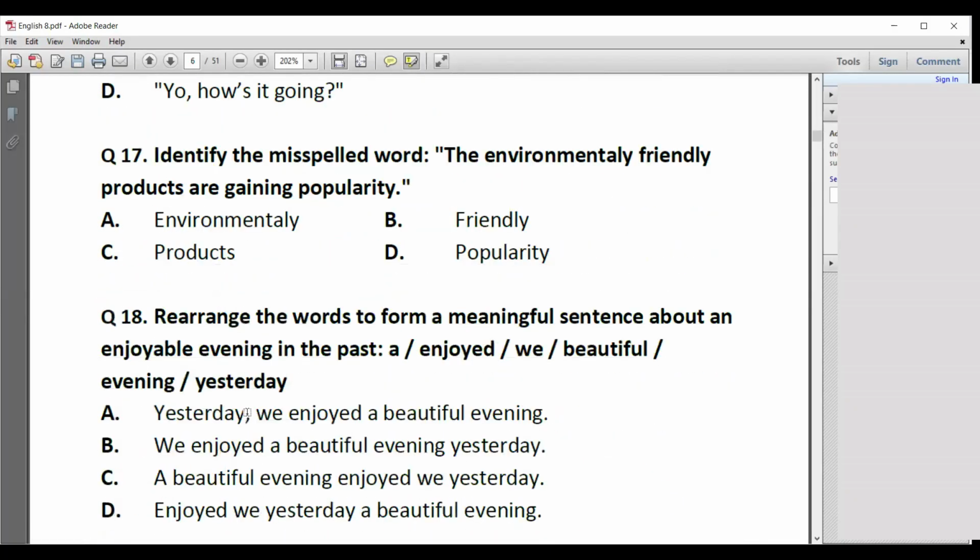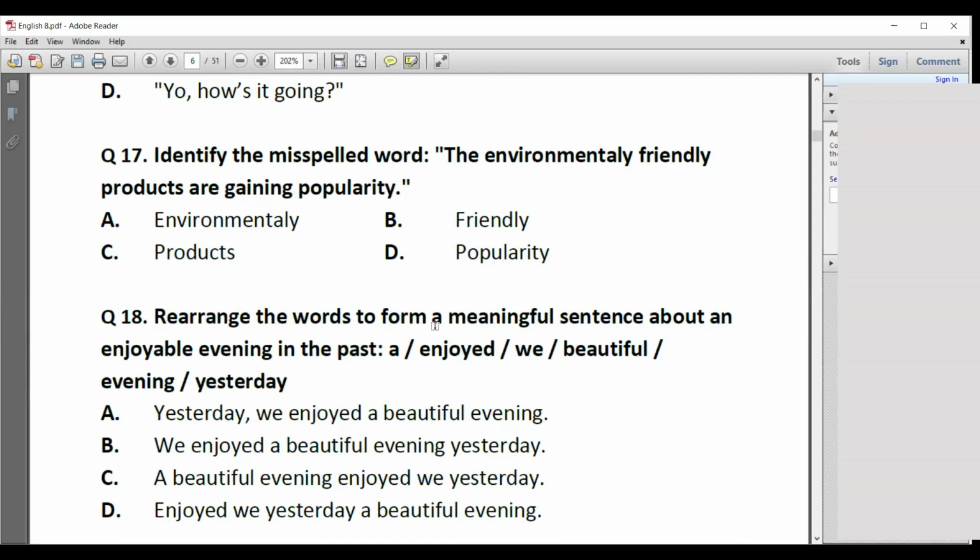Question 17. Identify the misspelled word. "The environmentally friendly products are gaining popularity." A. Environmentally. B. Friendly.